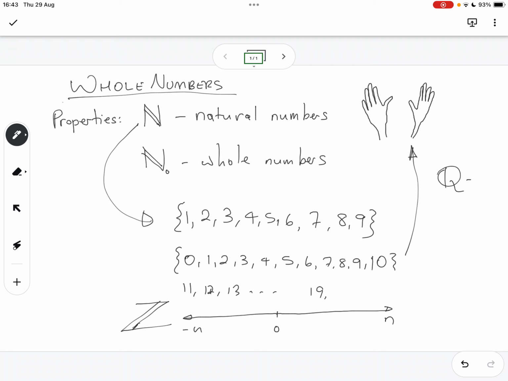Right? This is rational numbers. And rational numbers simply tell us it can be expressed as the quotient or fraction of two integers, a numerator and a non-zero denominator.